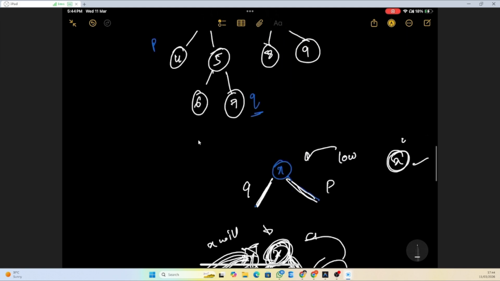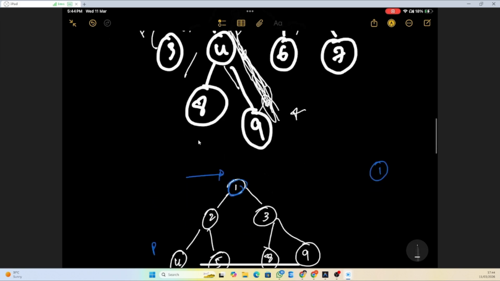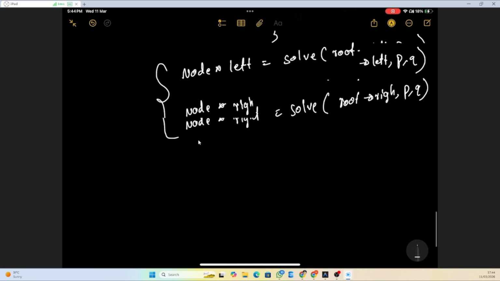We wrote two conditions right here. This one, and where is another one? I forgot.